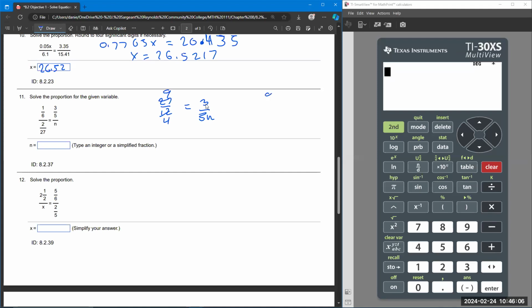So this is 9 over 4 equals 3 over 5n. So this is going to be 45n equals 12, and n is 12 over 45, which is 4 over 15.